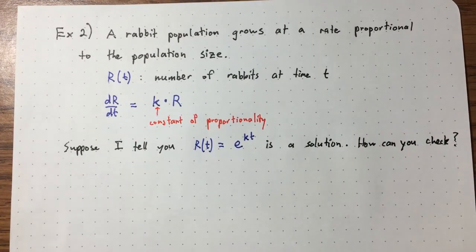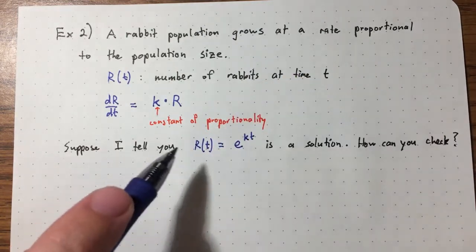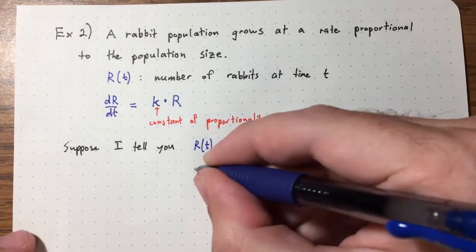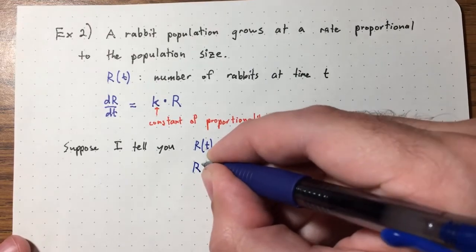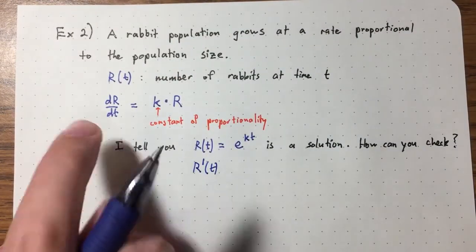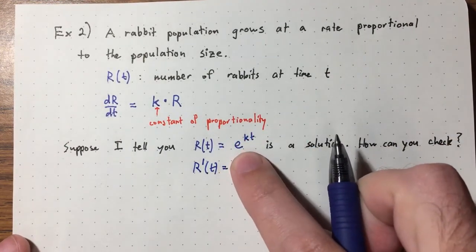And this is fairly simple. So we have r of t is e to the kt. All we have to do is plug this into the differential equation. So just like in algebra, you can plug in a solution to check. So notice that in order to check, we're going to have to actually plug something in on this side too, dr dt, which is, well, what is it?